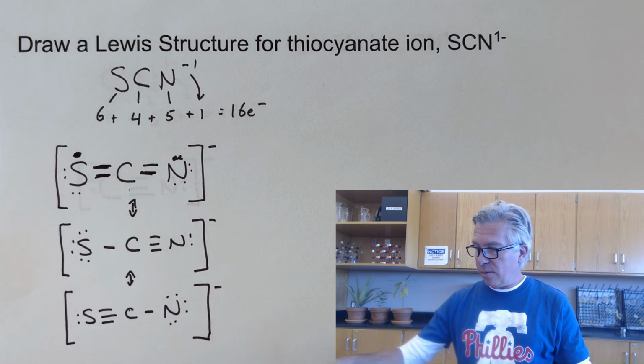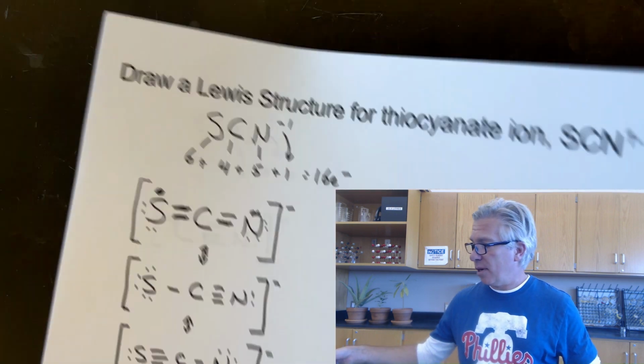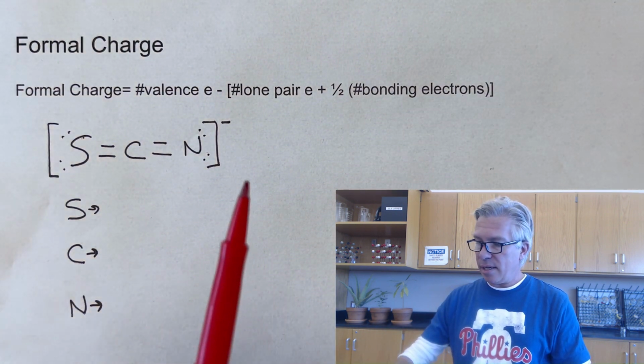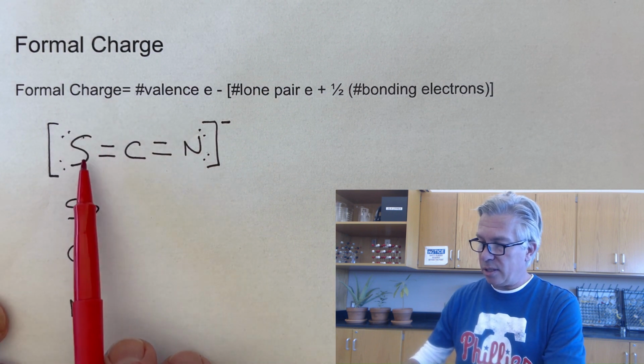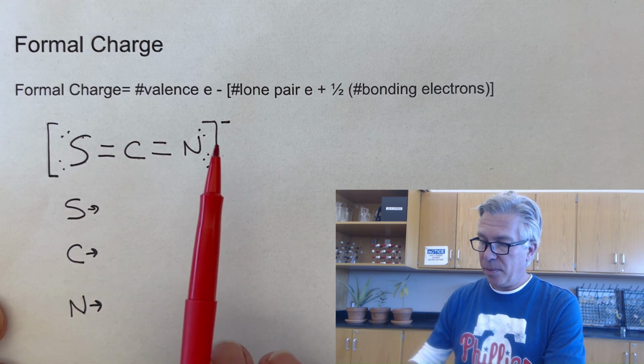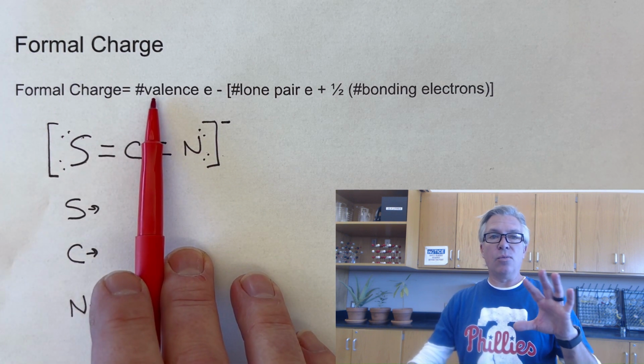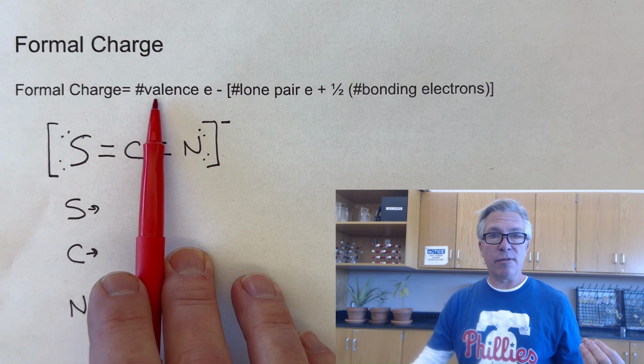There is a formula for how to do it, and you might want to learn this formula, but it's the same formula every single time. To assign the formal charges to atoms in a molecule, you start with the number of valence electrons the atom would begin with as you grab it off the periodic table.